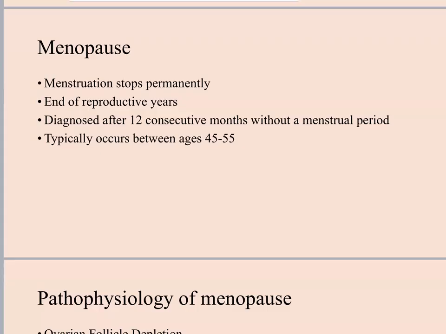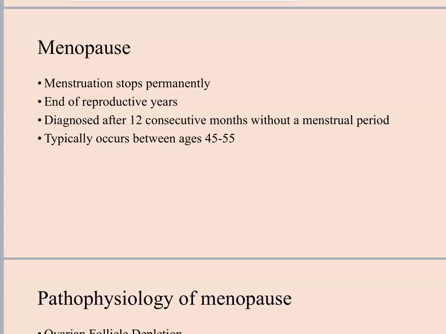So it has to be 12 consecutive months. It typically occurs between ages 45 to 55. Much like the onset of menstruation, it is very influenced by genetics. So if you are a woman whose mom went into menopause around 45, you likely will too. There are other factors, but it is very genetically influenced.